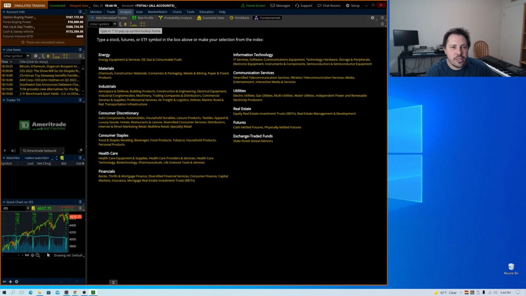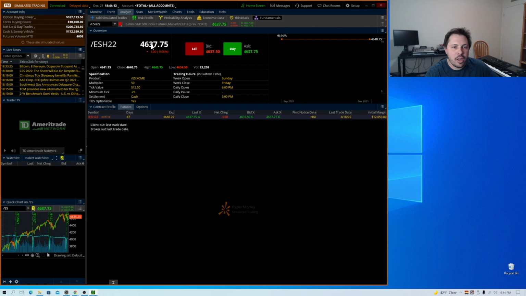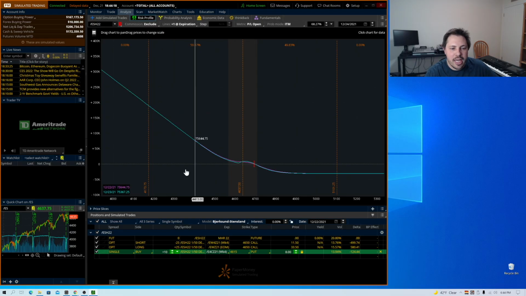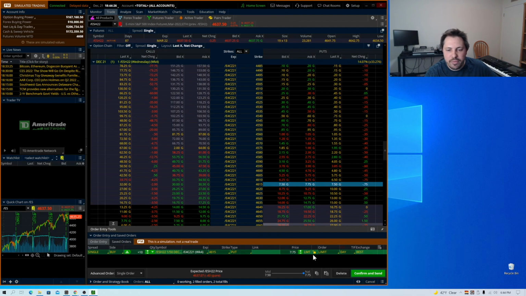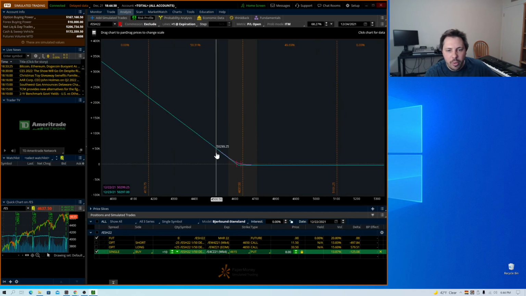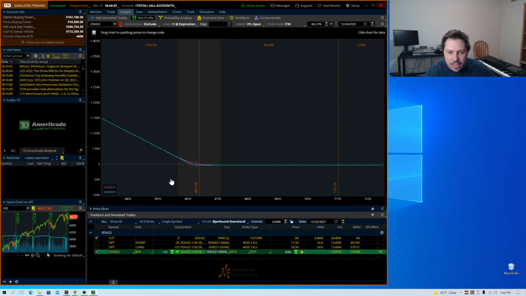Then it takes us over here to the Analyze tab, then the Risk Profile tab, and it lets us analyze this trade that we've put into this order entry before we make the trade, and we can see what that looks like.